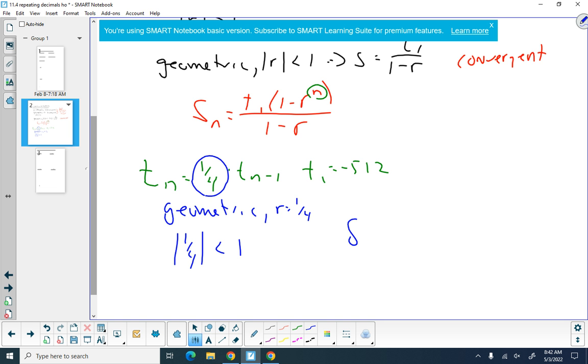So we take our first term. Our first term is negative 512. And 1 minus 1/4 on the bottom, which is 3/4. It should be an S infinity rather than an S10 in an infinite series. My mistake. Can't be perfect all the time.